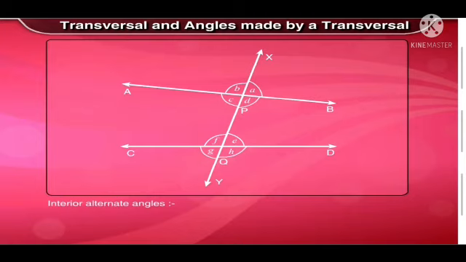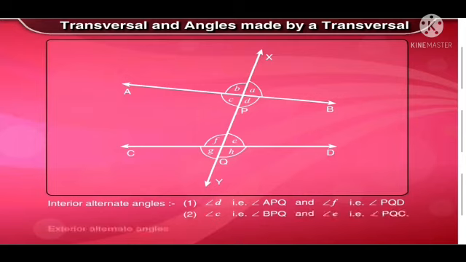Interior alternate angles. First, angle D, that is angle APQ, and angle F, that is angle PQD. Angle C, that is angle PBQ, and angle E, that is angle PQC.